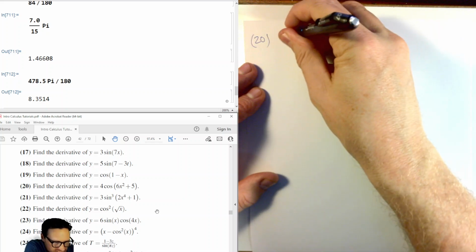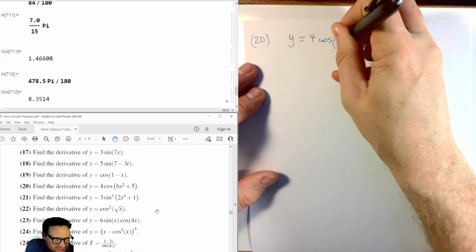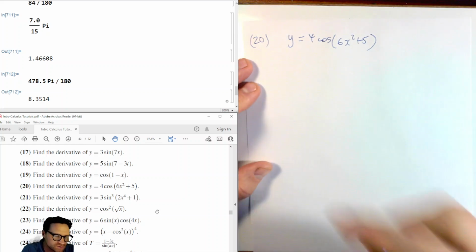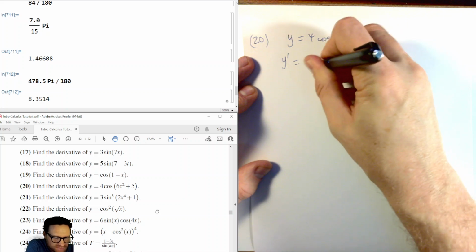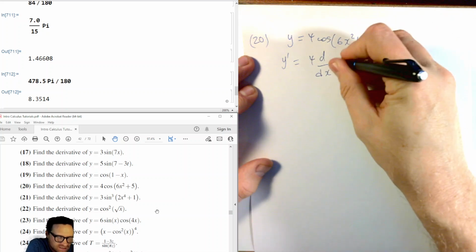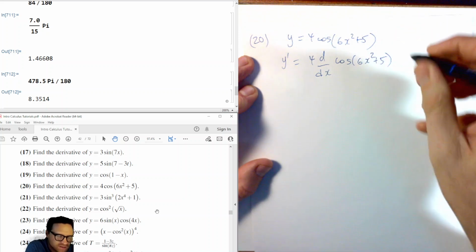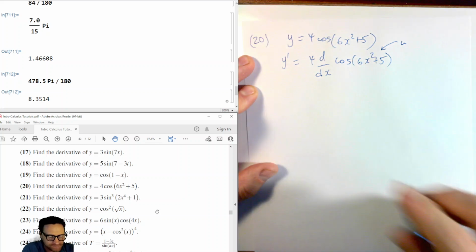So in question 20, we have y equals 4 cos of (6x squared plus 5). Again, we use the chain rule to do this. So y dash is 4 times the derivative with respect to x of cos of (6x squared plus 5). Now let's let this inside the bracket be u.